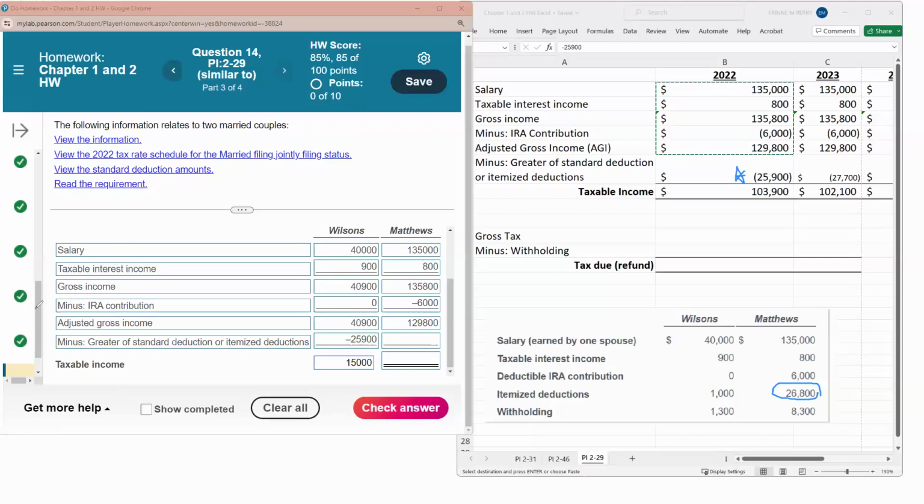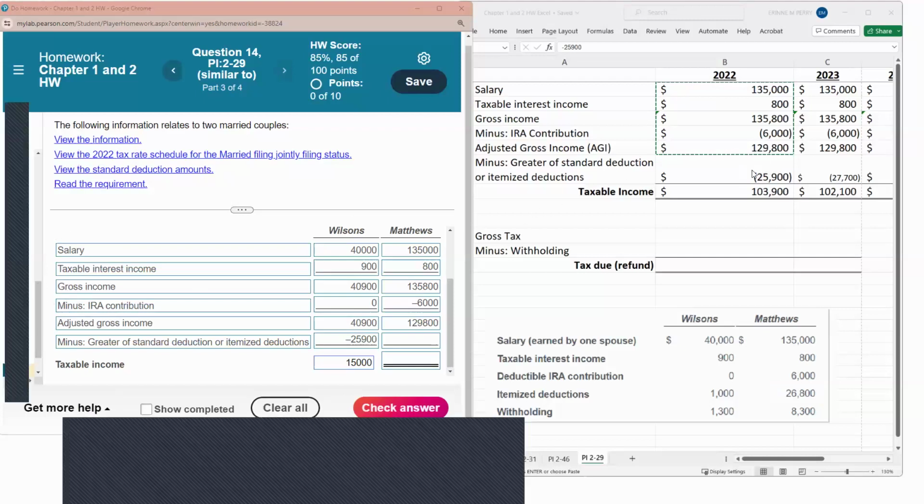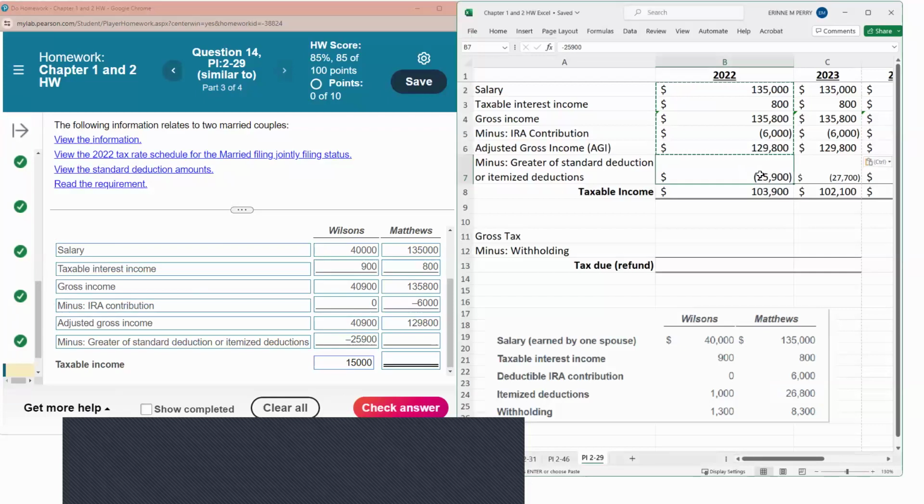So therefore, the Matthews would claim itemized deductions of $26,800 in 2022, which would give them taxable income of $103,000.